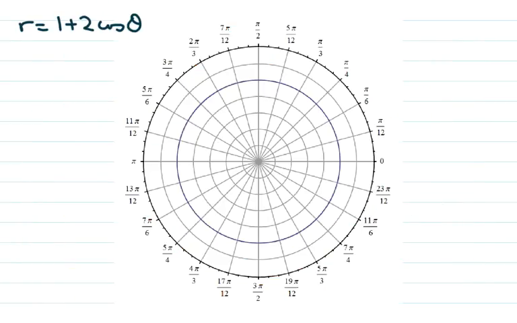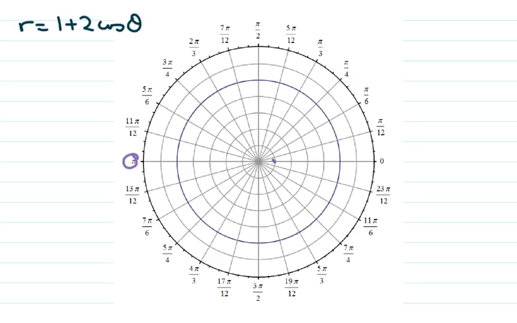I'm going to start at pi and work backwards to 0. That's how I do it. You can do it another way if you want, but this is how I do it. So basically, at pi, r is negative 1. If we go to pi, there would be 1 right here, but negative 1 means we go in the opposite direction. So there's negative 1.